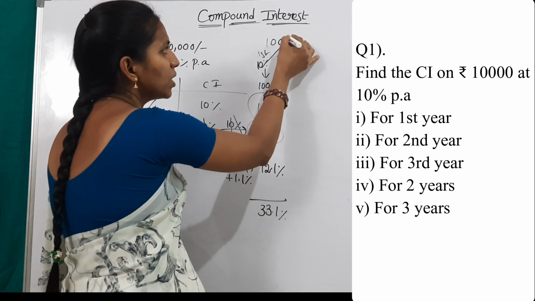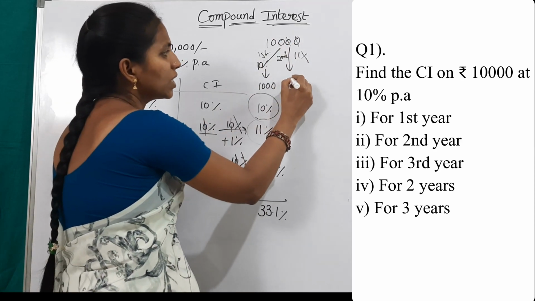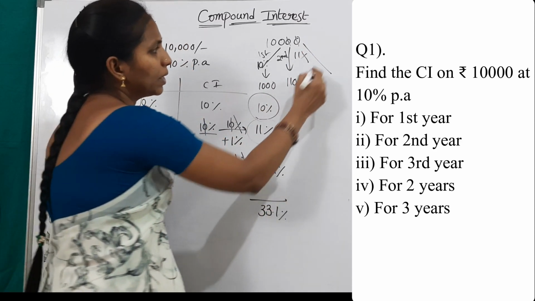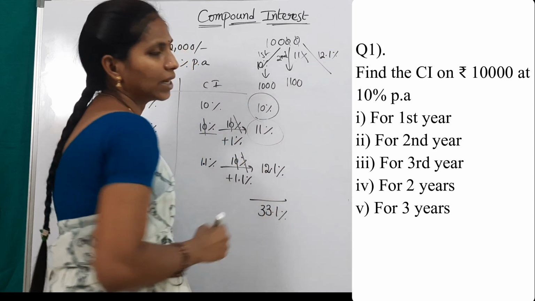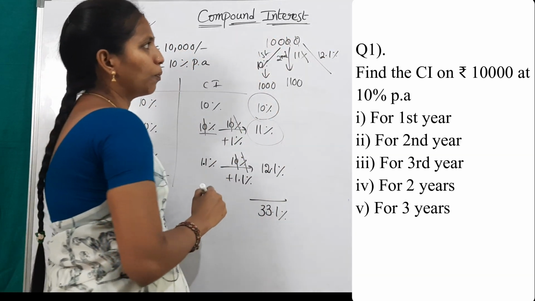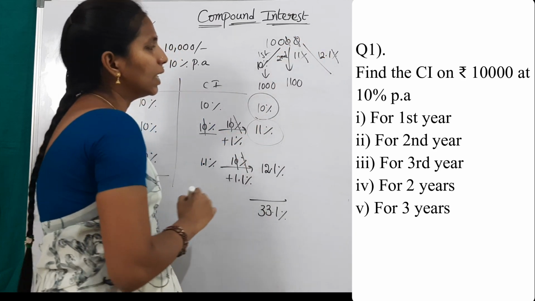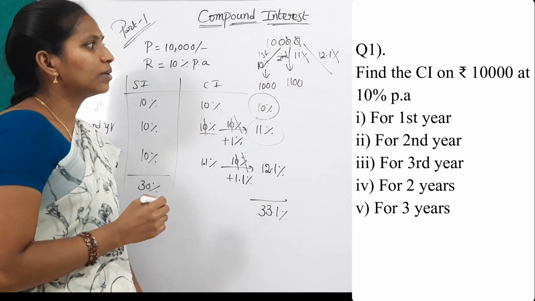The 0 gets cancelled with the percentage. So what is the result? 1100. Now calculate 12.1 percentage on this 10,000 rupees. Then what will be the result? The percentage 0 gets cancelled. What is the result?